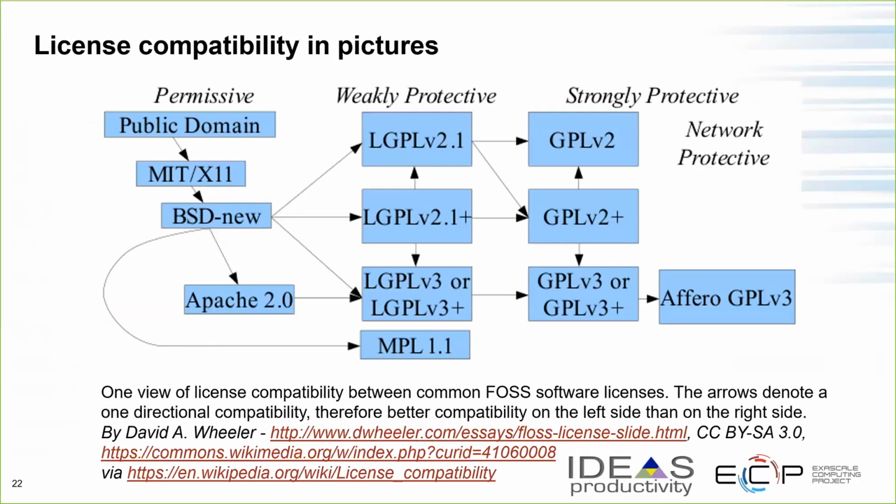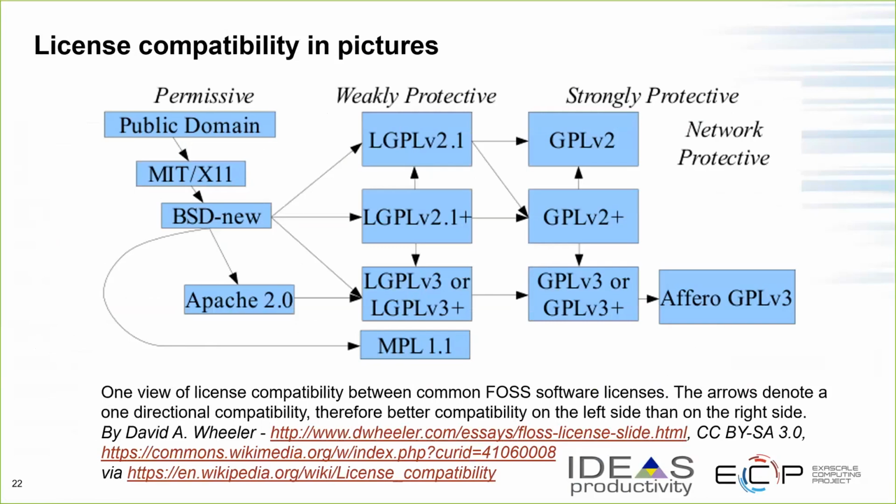And the license that would apply in that case is at the head of the arrow. So if I took something that was covered under BSD and I combined it with, say, LGPL version 2.1, the product, according to this reasoning, would have to be licensed under LGPL 2.1.